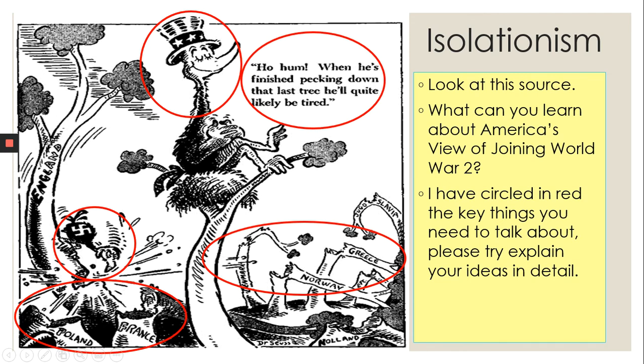Or even if he does try and attack us, he's going to be so shattered from attacking all these ones, we'll probably be able to beat him. So this is quite a narrow view, as America is only caring about itself. So it's quite selfish here. All these other trees don't matter, so all these other countries aren't important as long as he doesn't attack us. Okay, so it's a very negative view of isolationism.